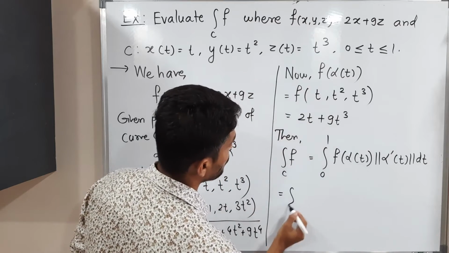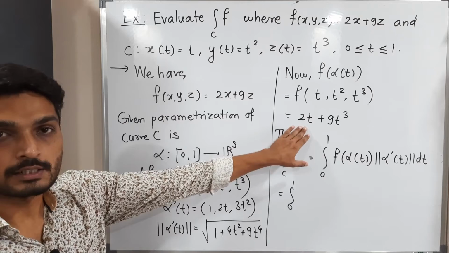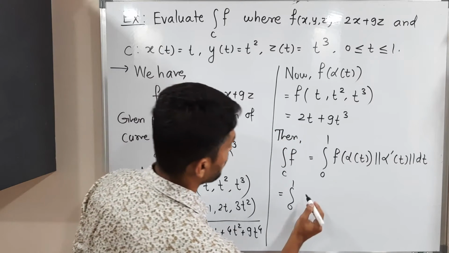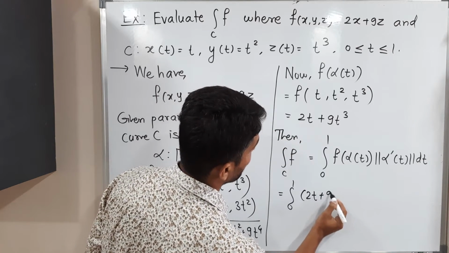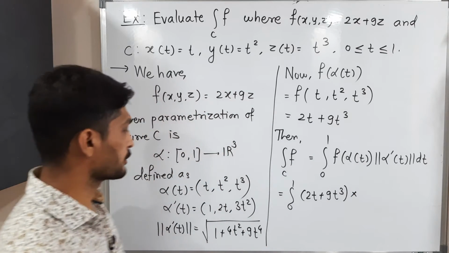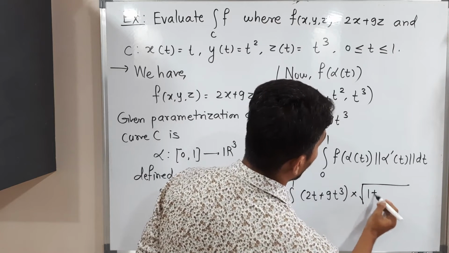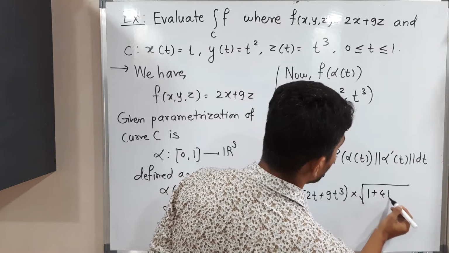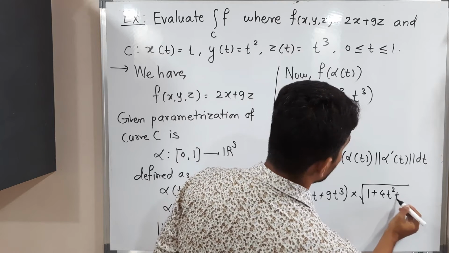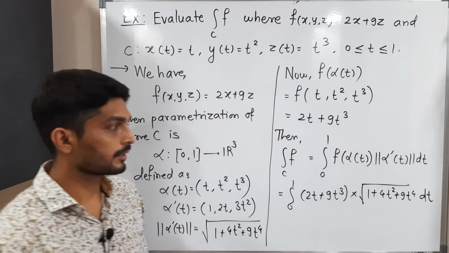This is equal to the integral from 0 to 1 of f of alpha of t, whose value is 2t plus 9t cube, into the norm of alpha dash of t, which we have got as root of 1 plus 4t square plus 9t raised to 4, dt.